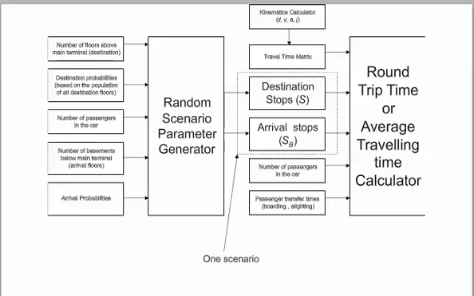And that would give us one value out of one trial or one scenario for the round trip time. Obviously that is just one value, and we need to repeat that a large number of times, so we probably have to repeat it for 10,000, 100,000, a million times in order to get the average of all of those values, and that will actually start approaching the true value of the round trip time.